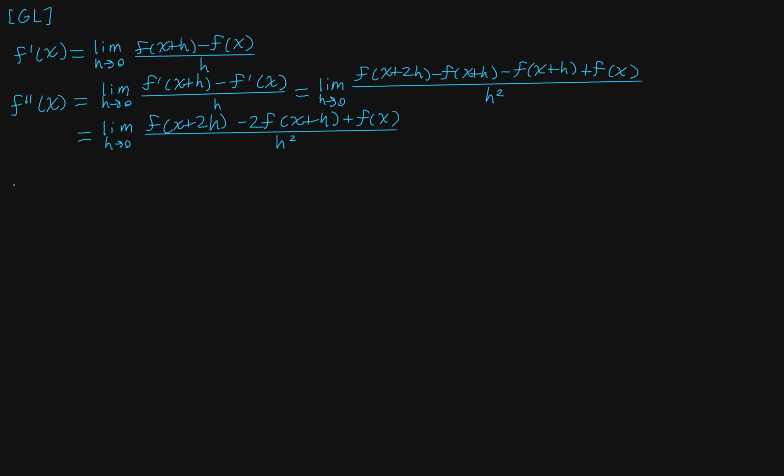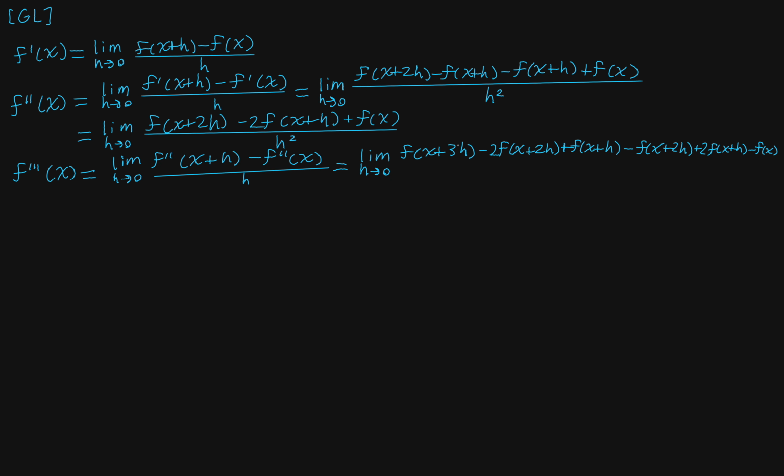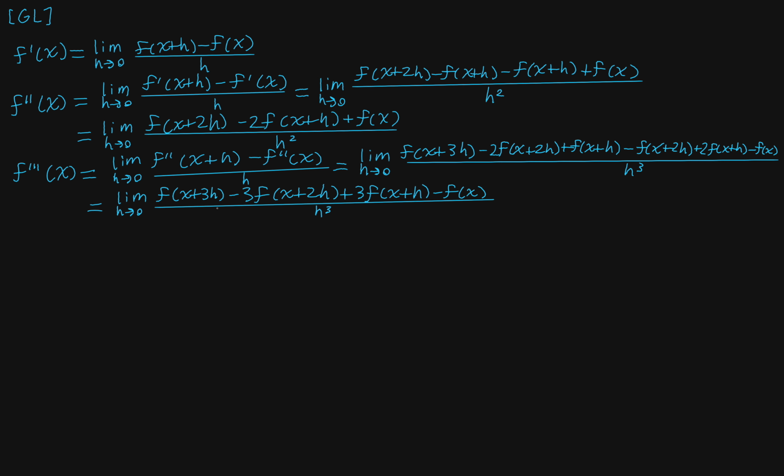And doing it one more time, here we have f of x plus 3h minus 3f of x plus 2h plus 3f of x plus h minus f of x all over h cubed.